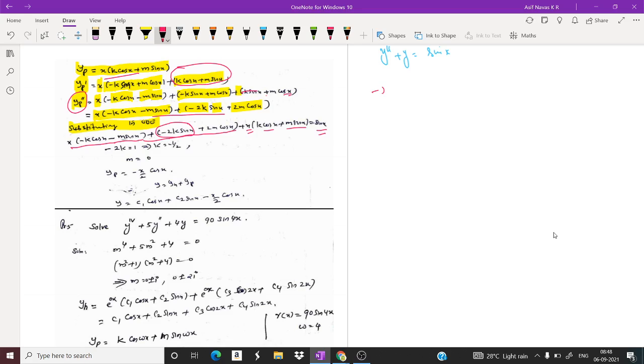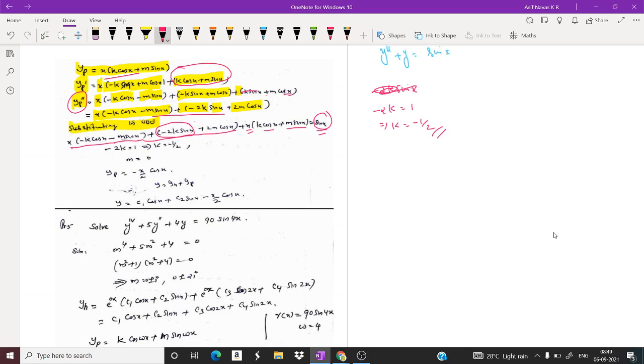Here minus 2k sin x is there, and here sin x is there. So you will get minus 2k is equal to 1. So k equal to minus 1 by 2.